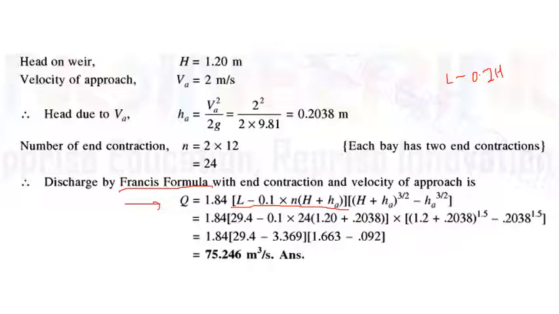And again we are considering here the velocity of approach, so capital H is replaced by H plus HA, into H plus HA the whole raised to 3 by 2 minus HA raised to 3 by 2. Final answer comes to 75.246 meter cube per second.